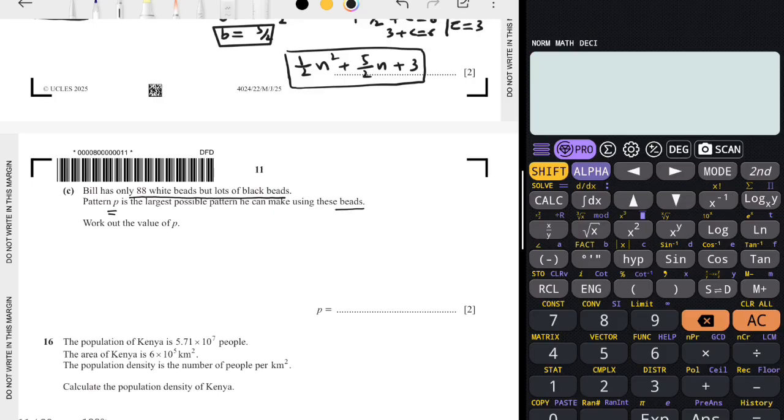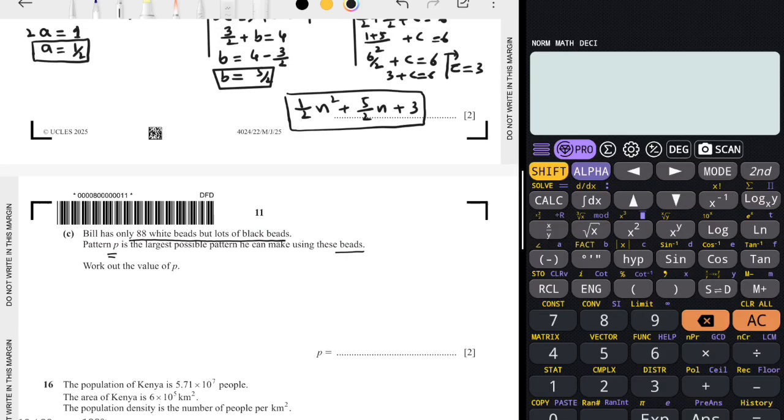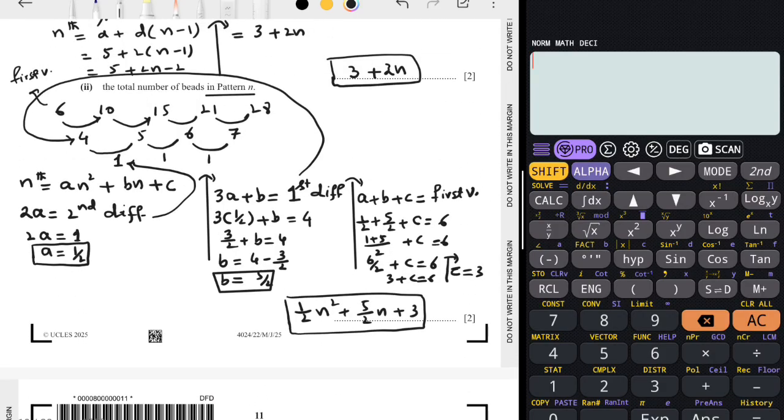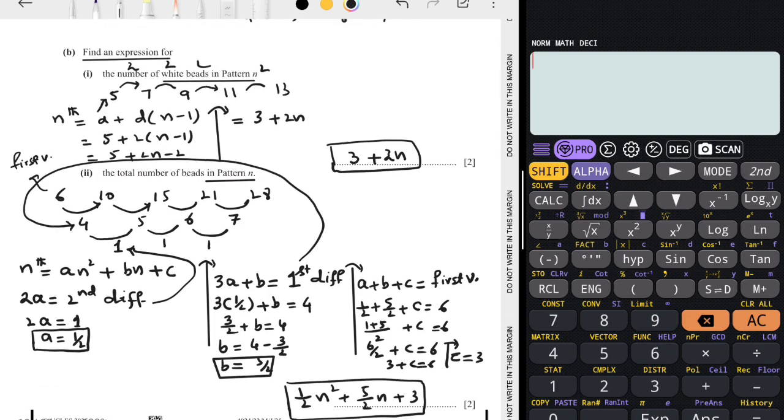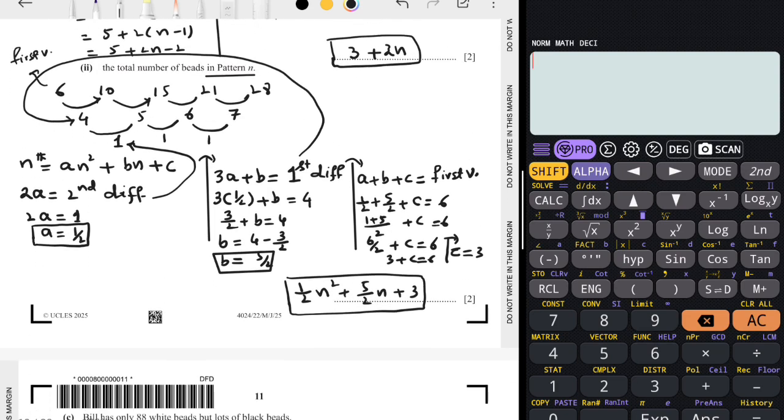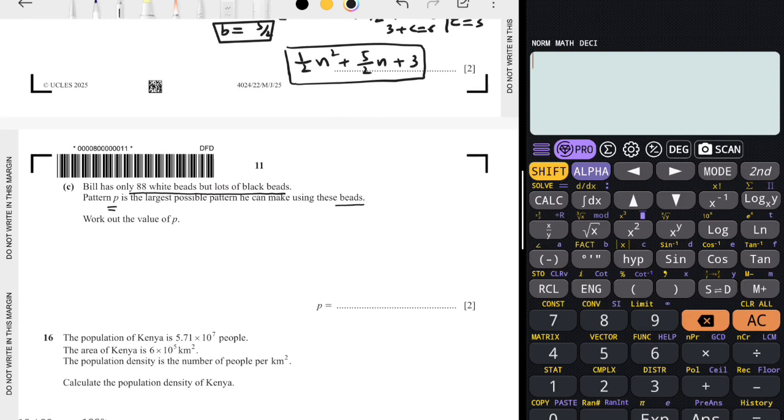Work out the value of P. Students, just see the previous pattern, that is for white beads the pattern was 3 plus 2n. We are going to use that pattern. According to the situation, we are going to substitute p in place of n.